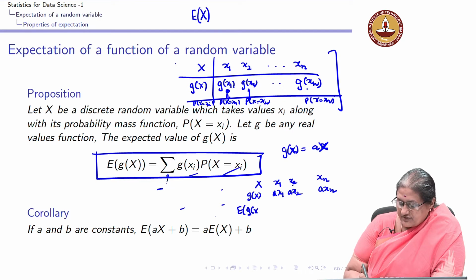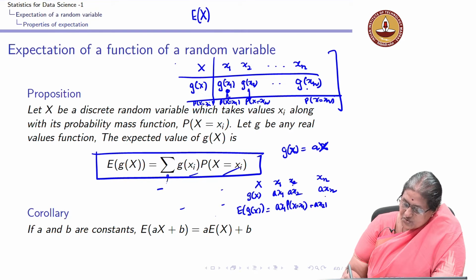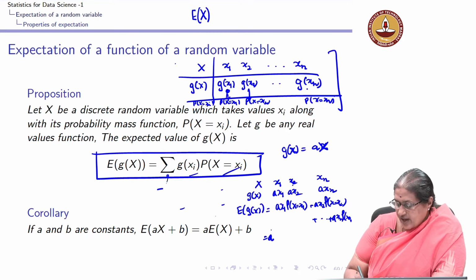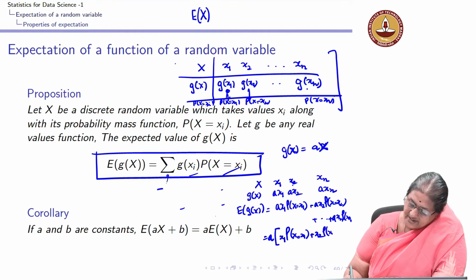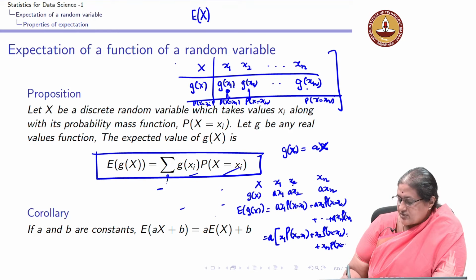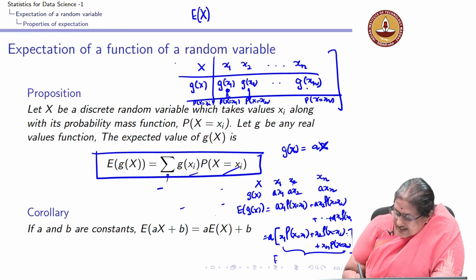The expectation of g of x is going to be ax1 into probability x equal to x1, plus ax2 into probability x equal to x2, plus so forth, axn into probability x equal to xn. I can remove a outside. I get x1 probability x equal to x1, plus x2 probability x equal to x2, so forth, plus xn probability x equal to xn. So, we can recognize that the term inside the bracket is the expectation of x.